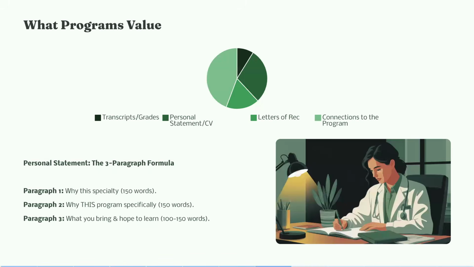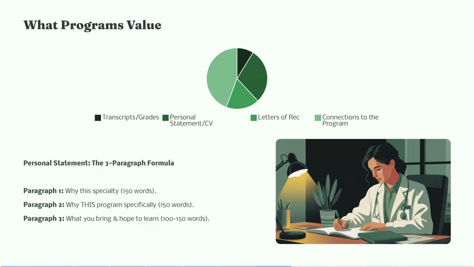And if you don't necessarily have connections, go to the website, read their mission and vision statement. Go look up the residents on Instagram, TikTok, whatever it is, and see if you can learn about the program that way. If you don't want to contact them and talk to them in that manner, you can learn a lot about a program just through learning more about the residents themselves. Yeah, and the social media, right?